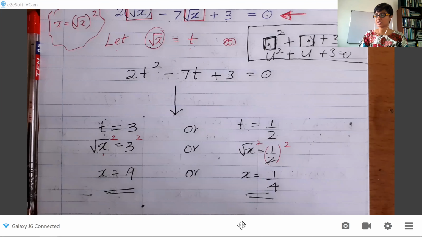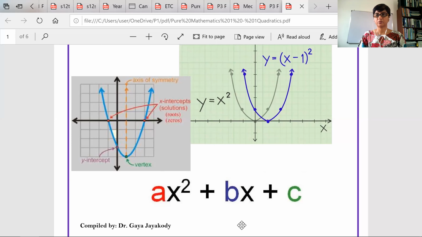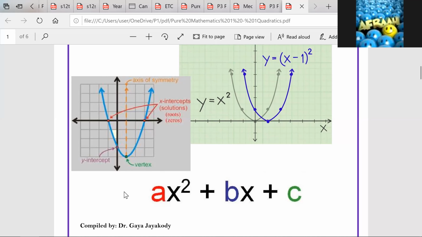I don't know which screen you are seeing. You are seeing the document, right? No, I'm not. Okay. We'll do one question. Do you all see the booklet now on the screen? Yes, miss.